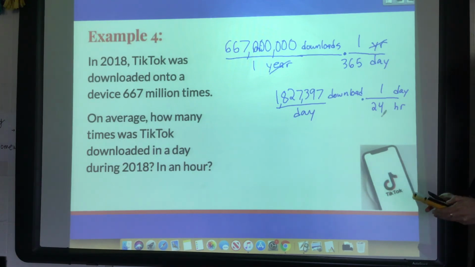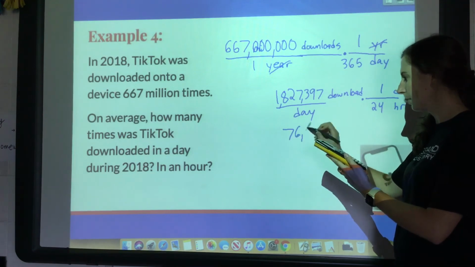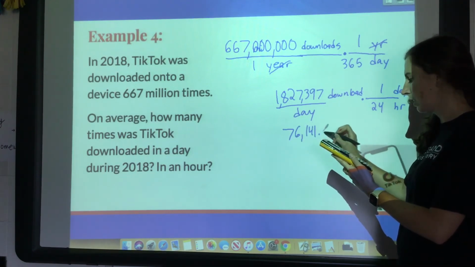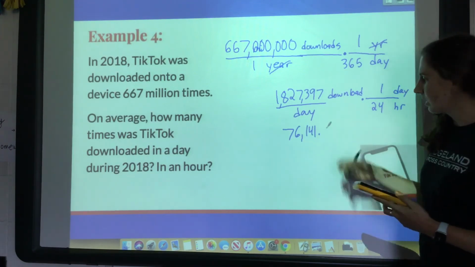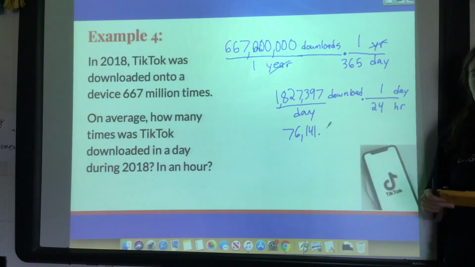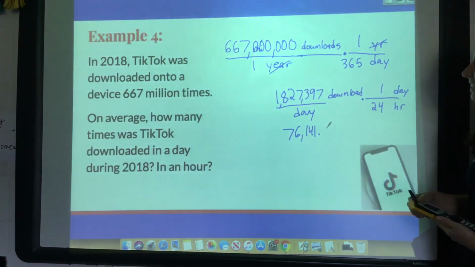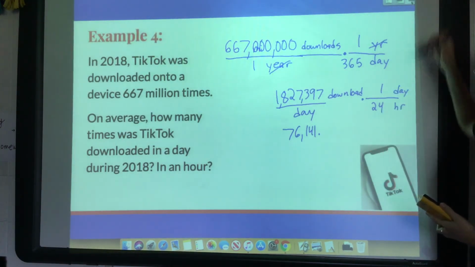I'm going to use that original amount and divide it by 24. Wow. There's some other decimals on there, but it's about 76,000 downloads per hour on average. Isn't that insane?